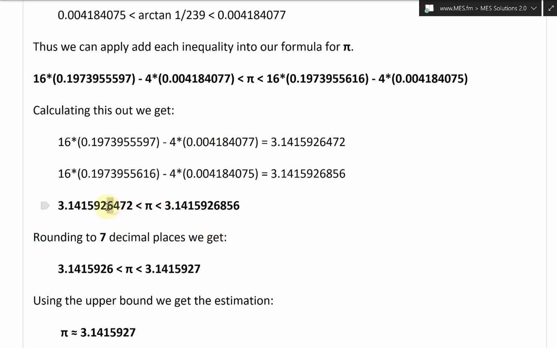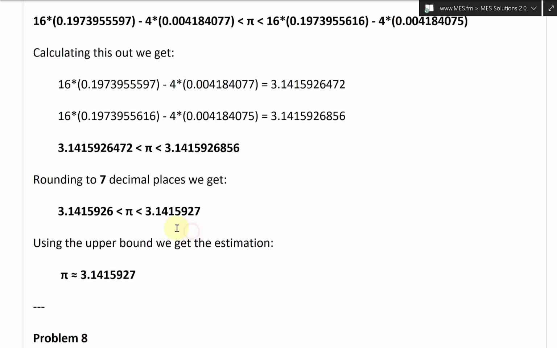We get a 6, and then this becomes a 7. So rounding to 7 decimal places, pi is between 3.1415926 and 3.1415927.